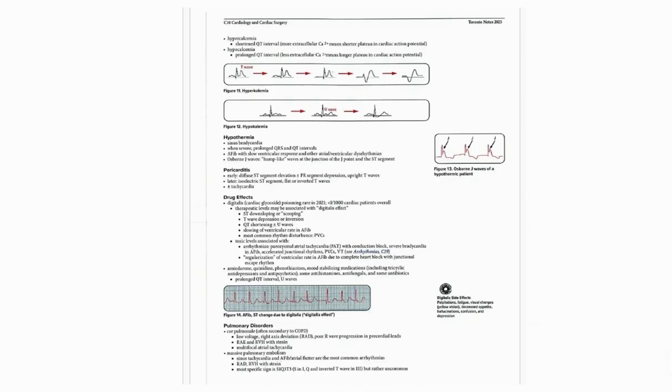Clinical symptoms of toxicity include nausea and vomiting, fatigue, confusion, and visual disturbances, particularly yellow or green vision, known as xanthopsia. Also suspect digoxin toxicity in patients taking digoxin who present with gastrointestinal symptoms and new arrhythmias.